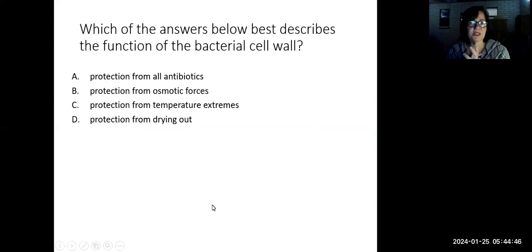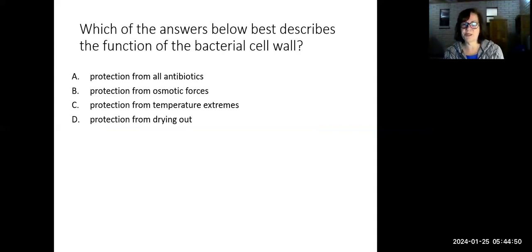A couple of questions. Which of the answers below best describes the function of the bacterial cell wall? Protection from all antibiotics, protection from osmotic forces, protection from temperature extremes, protection from drying out.